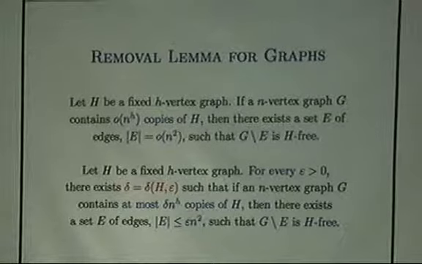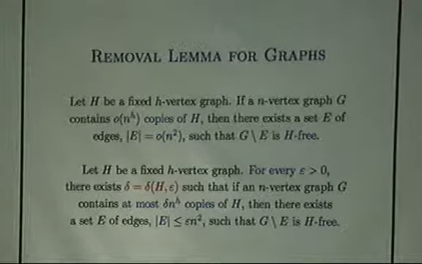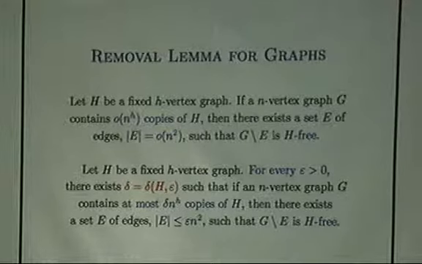So again, it means if you find asymptotically fewer copies of H, then you can expect that in the best case you can remove few edges, meaning subquadratically few edges, such that there will be no copy of H left.